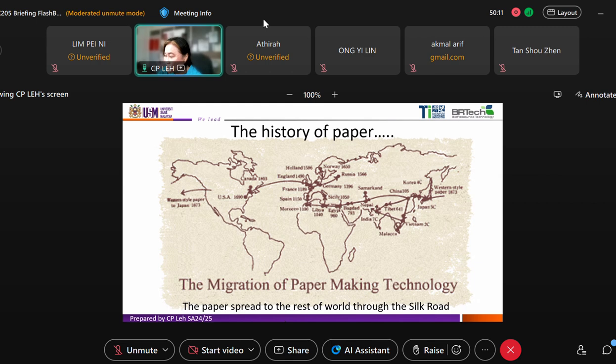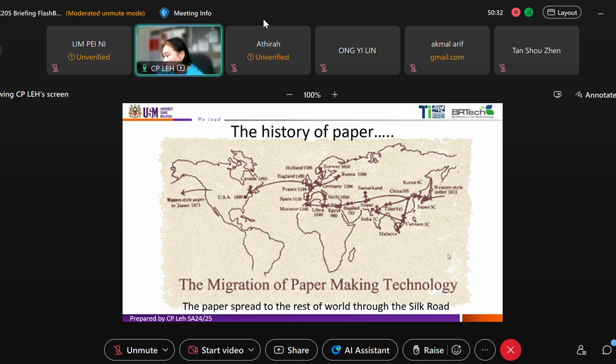So where was the first place the paper technology spread to? The first country apart from China to get the knowledge of papermaking was Japan, after 500 years.